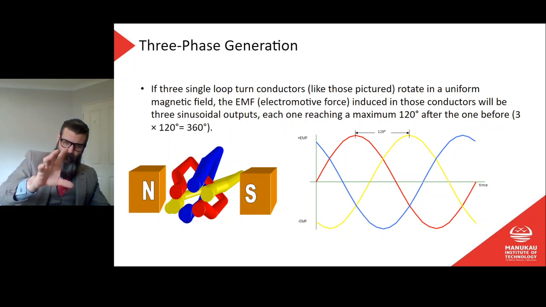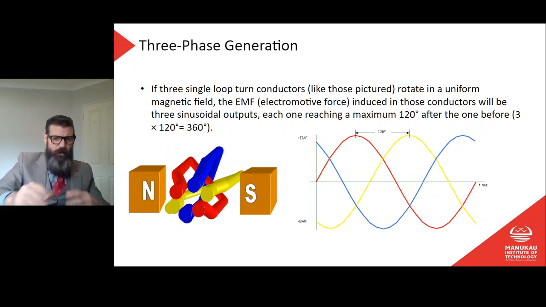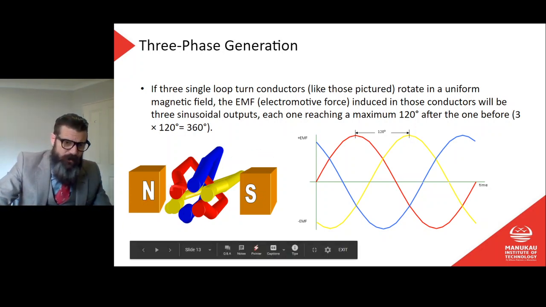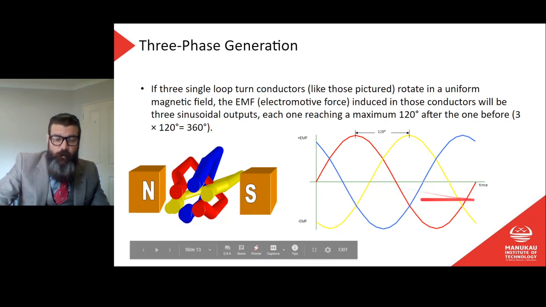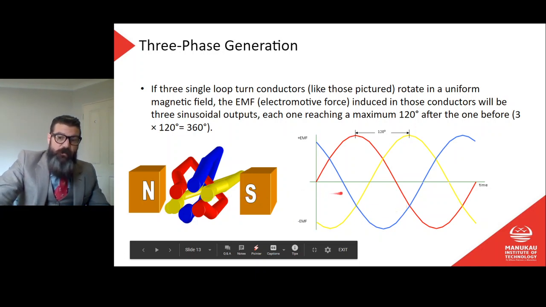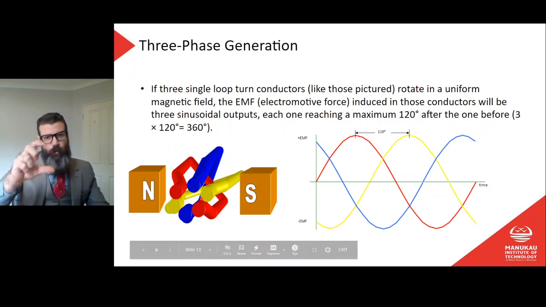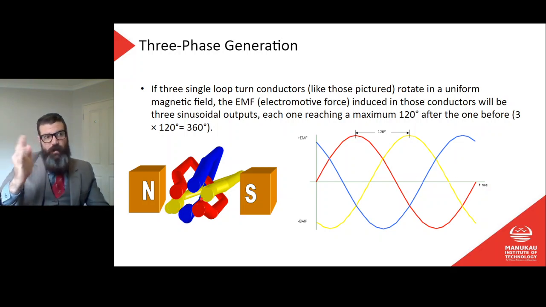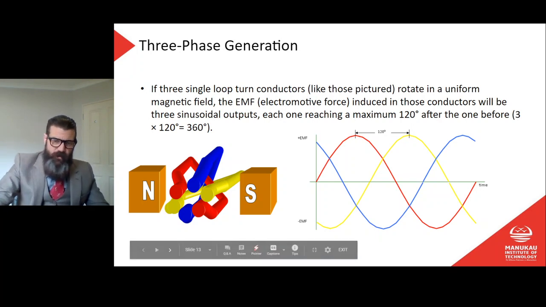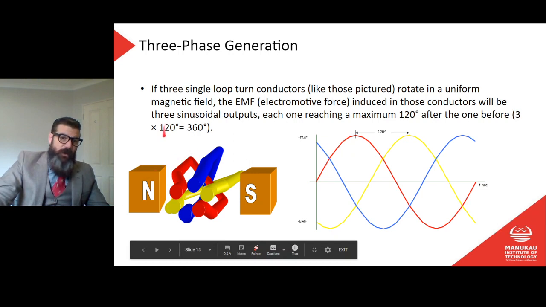But if I did not separate those three conductors 120 degrees around my rotor, then my sine wave output would not be 120 degrees either. If I separated them all by 90 degrees, I'd get 90 degree separated outputs. However, if I space them evenly, three coils on a circle means they will be 120 degrees apart, right? Because if I split 360 degrees up evenly three times, I get 120 degrees.